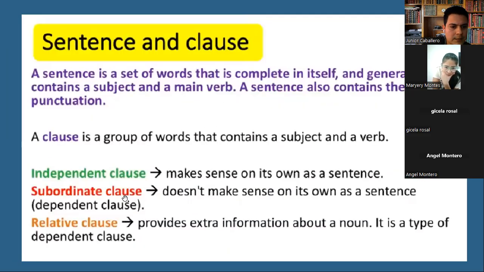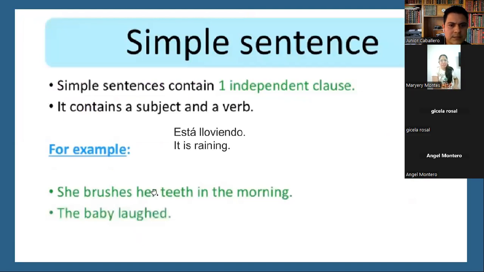Bien, vamos a ver aquí. Let's take a look at this. Okay, simple sentence examples. She brushes her teeth in the morning. Simple. She, sujeto, subject, brushes, the verb conjugated in third person, her teeth, sus dientes, in the morning. ¿Será que esto parte para hacer otra oración?